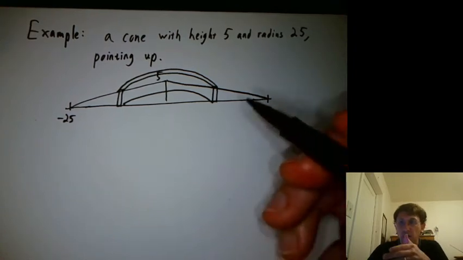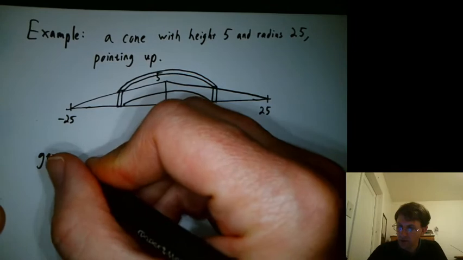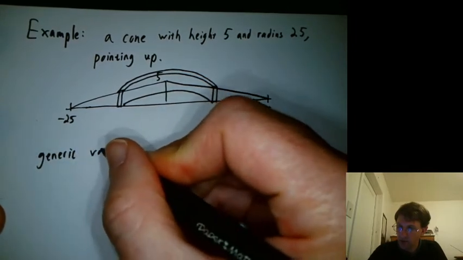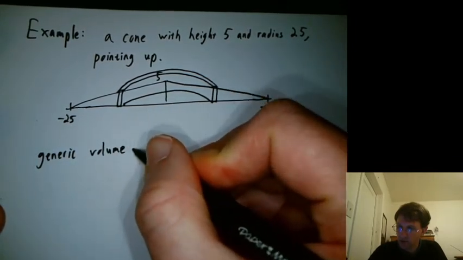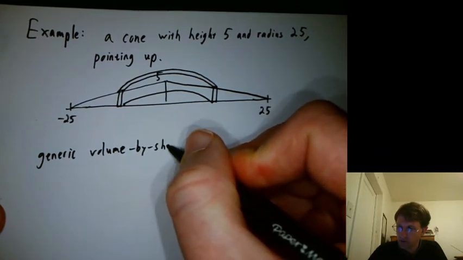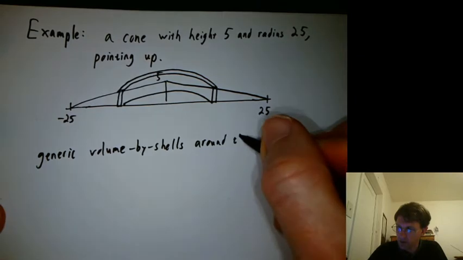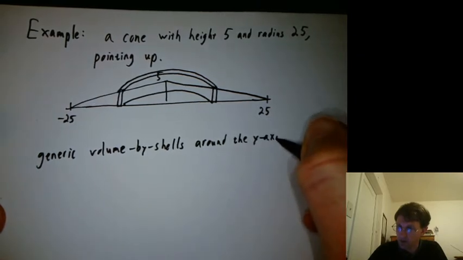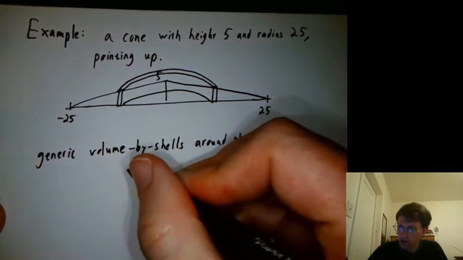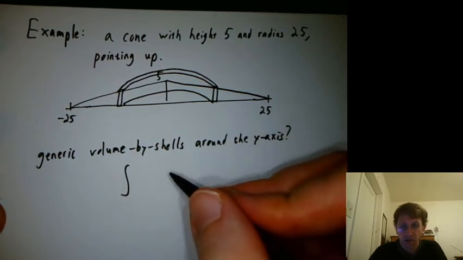Well, maybe it's good to write our generic formula, our generic volume by shells formula, around the y-axis. Try to write it before I write it here.